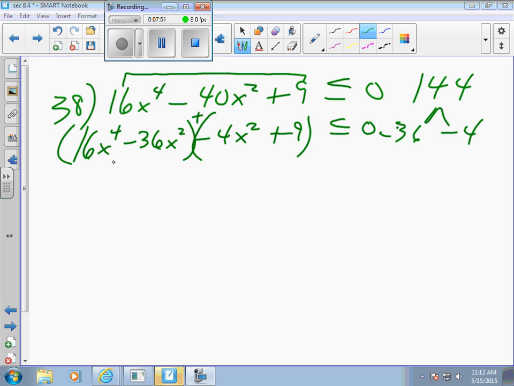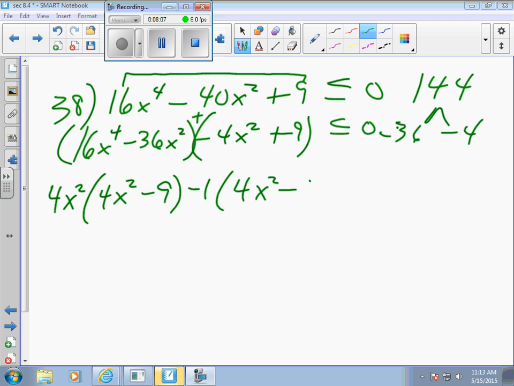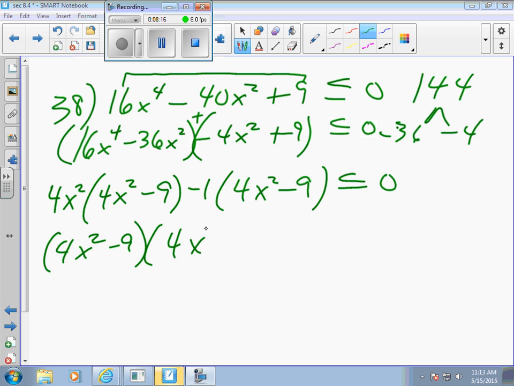Greatest common factor here appears to be a 4x squared, leaving me with 4x squared minus 9. Pulling out a negative 1 leaves me with 4x squared minus 9. Regrouping that, I get (4x squared minus 9)(4x squared minus 1).